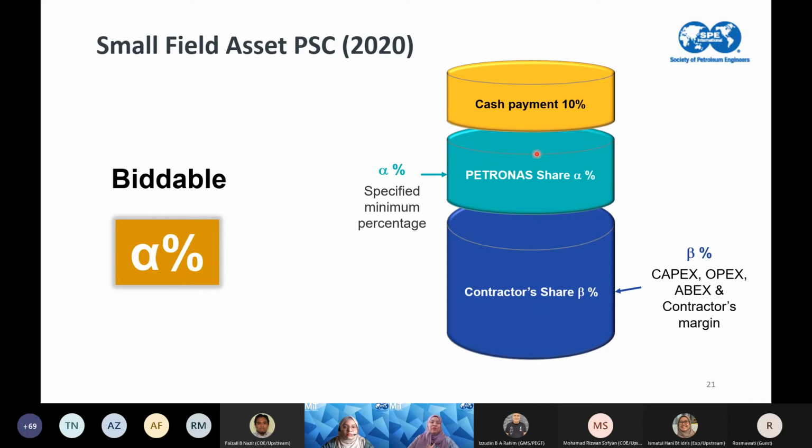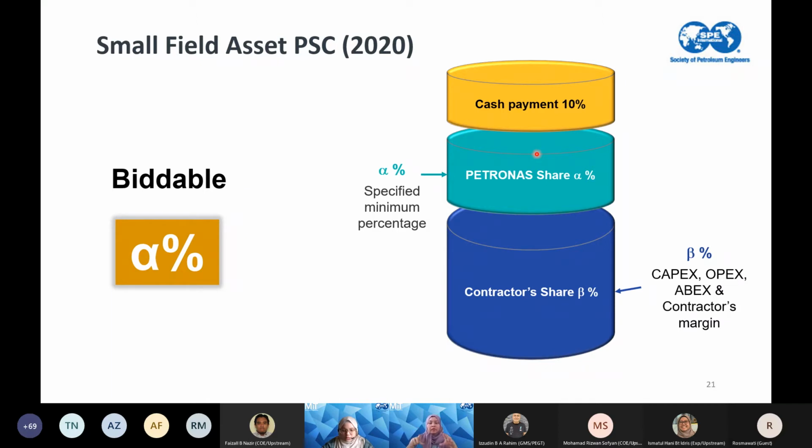Similarly, the small field asset PSC is also of a similar construct, where it's essentially also typically like a gross split. So we take away 10% for royalties, cash payment, and then Petronas takes a share of profit. Okay, there's usually a minimum specified, like 5% or something like that, or 10. I'm not sure what it is.